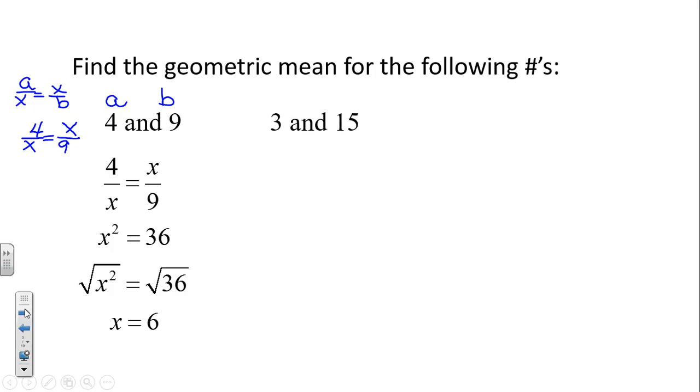Find the geometric mean between 3 and 15. Write it down. What's your proportion going to say?